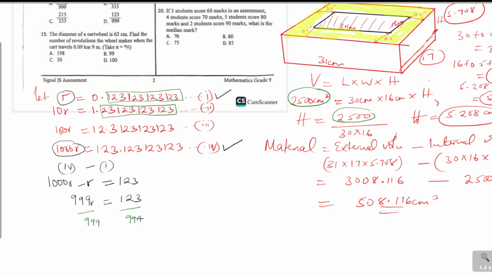So r is equal to 123 divided by 999. You can leave it like that, or you can simplify it, and you get 41 divided by 333. So that is the way you're supposed to solve that.